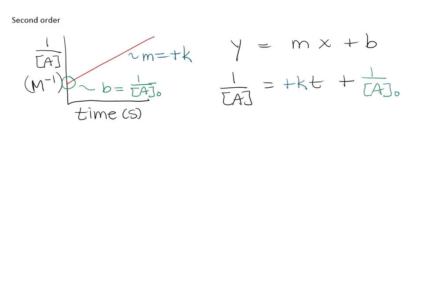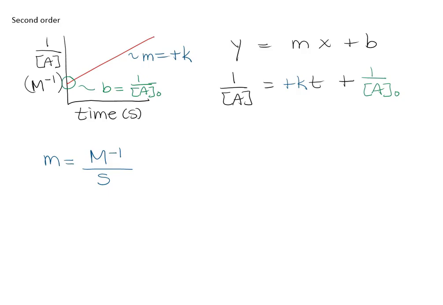Looking at the units of slope, y units over x units, the y units are inverse molarity, the x units are seconds. When I go to extract the units from a plot, I will always put whatever is the y unit in the numerator first, whatever is the x unit in the denominator, and then I will clean it up.